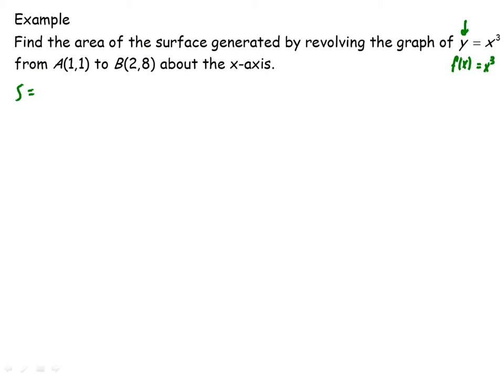S is equal to the integral. For this one, it's going to be a to b, because we do have f of x. A to b, and then you have 2 pi f of x times the square root of 1 plus f prime of x squared dx. So there's your formula that you're going to use.